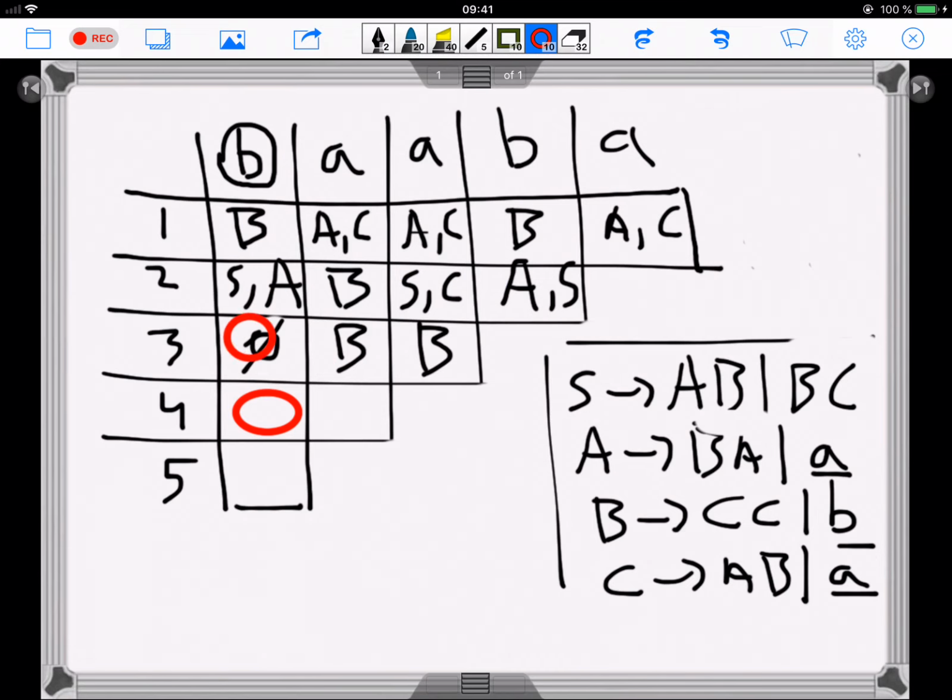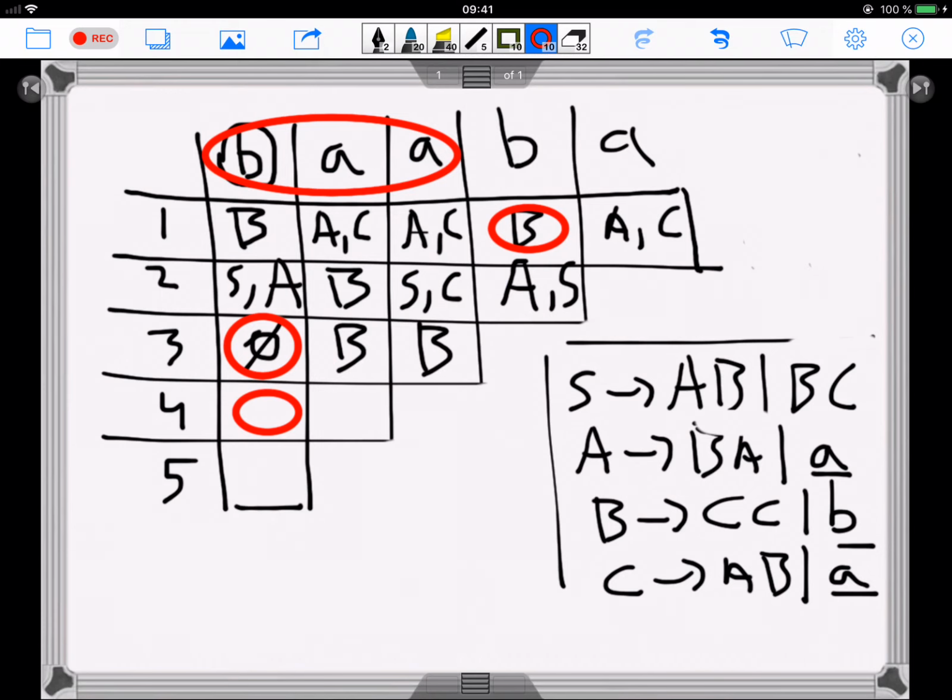And then we have empty with B. But when we have empty in a cell, it means that a part of the string, in this case this part of the string, is not generated. It's not possible to generate BAA. So if it is not possible to generate BAA, it is also impossible to generate BAA together with something else.